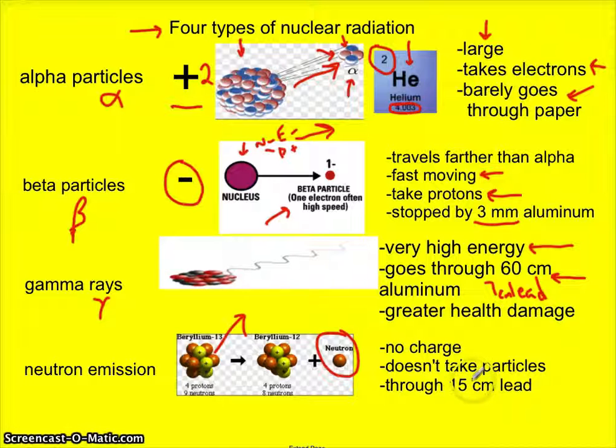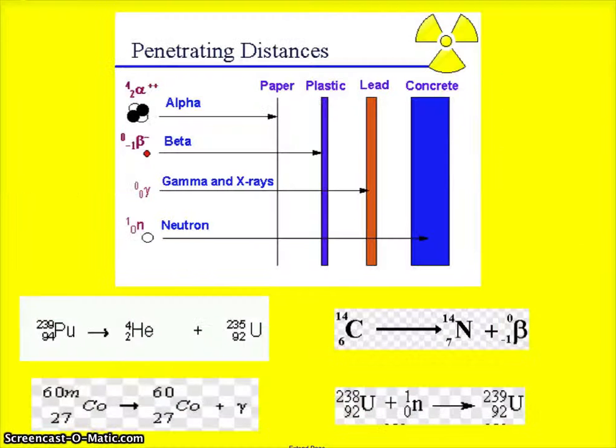If an unstable nucleus emits something, then you end up with formulas. And the formulas are down here at the bottom. Now, I'm going to run out of time if I hit too much on this, but you can see what alpha, beta, gamma, and neutron particles can go through up here. The paper didn't even mention plastic and concrete, but they're kind of in order.